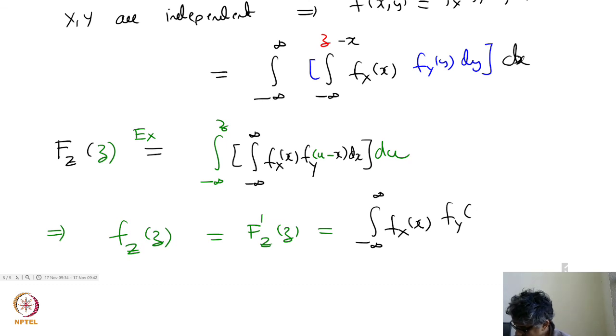If I differentiate, I just have to put wherever u is, I have to put a z here, and I have a dx. So that's the density of z.